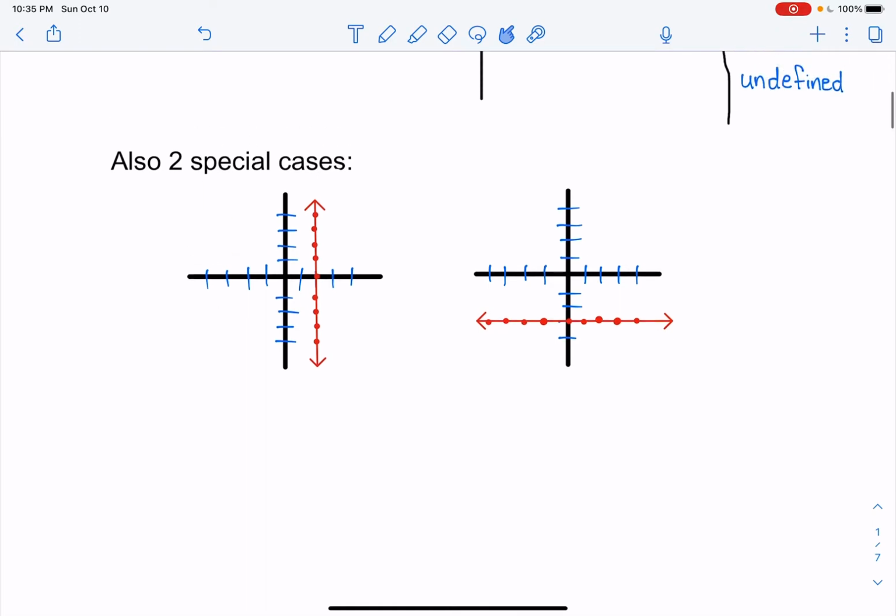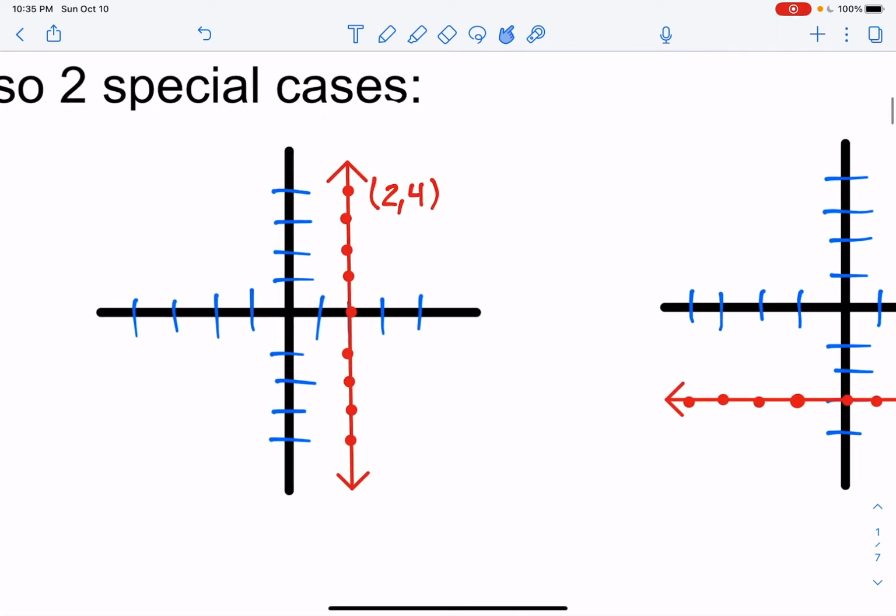Okay, now I just went ahead and drew two lines here. These are two special cases. Again, if it's a vertical line, when I look at this, that's the point (2, 4) there. If I was to plot that point, this is (2, 2), that's (2, 0), that's (2, -2), that's (2, -4).